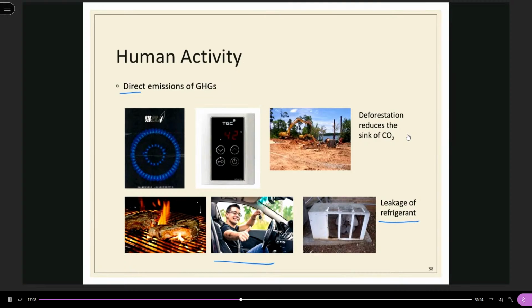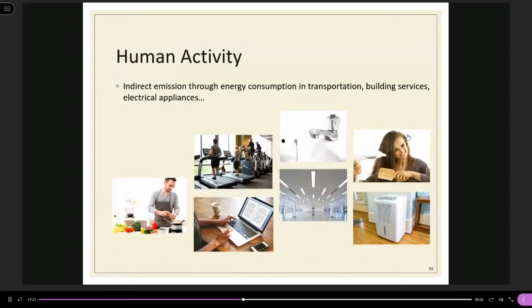All these directly emit carbon dioxide or other greenhouse gases. Apart from direct emissions, we also have indirect emissions due to energy consumption, like consuming electricity.